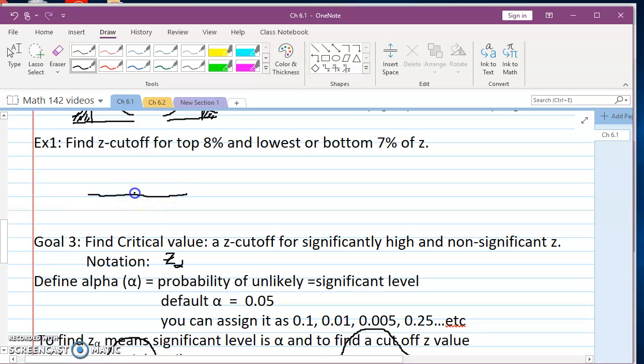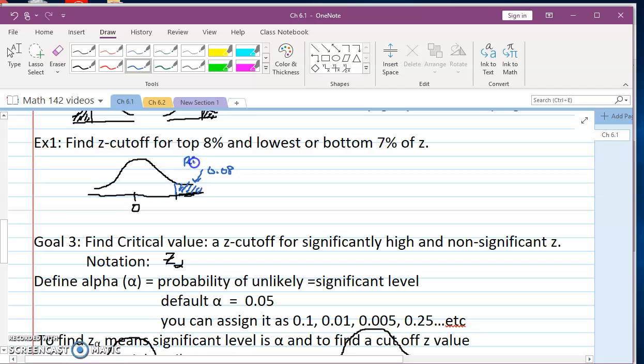Most z are in the middle because the bell curve goes like this. The top percent are these. There is a cutoff, and beyond this, the probability is 8%. So the area is 0.08 on top.